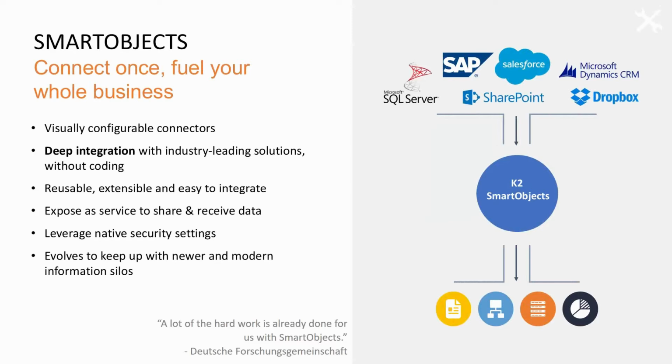And with these, you're able to configure a connection one time and reuse it multiple times in your forms and your workflows, and your employees don't need to know about the connections behind in the backend, but only use K2 smart objects as they are working. This makes it easy for them to use line of business data.